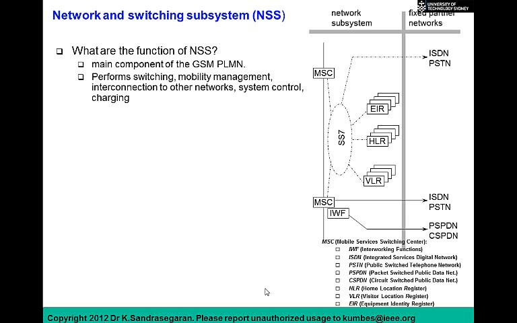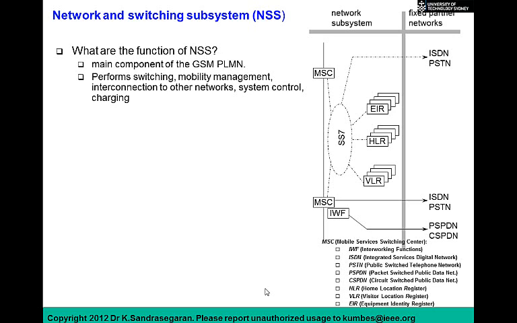Can I connect my mobile phone to a data network? Could be a packet switch data network or a circuit switch data network. So in terms of providing that connectivity to these external networks, all of the services have to be handled by the NSS.